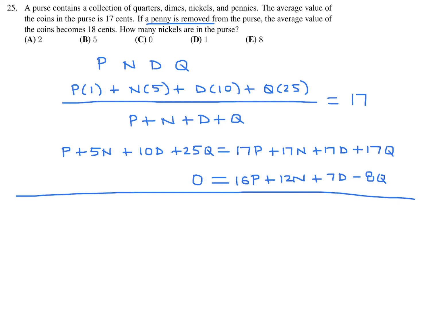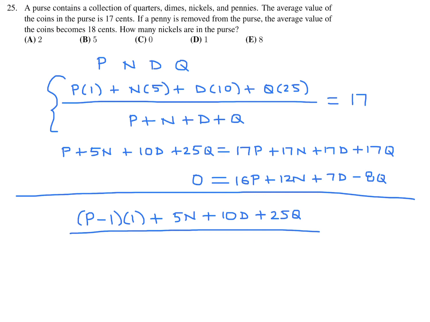If a penny is removed from the purse, the average value of the coins now becomes 18 cents. So exactly what we did here, but instead of P, it's P minus 1, right? Because 1 penny has been removed. Everything else is the same. 5N, 10D, 25Q. And then the denominator, this time, we have 1 less coin.